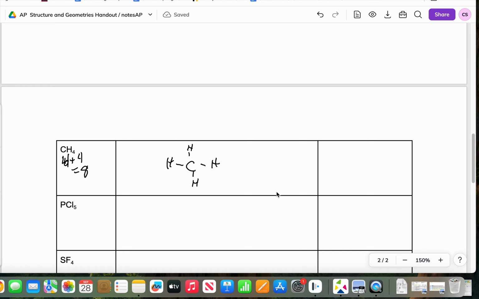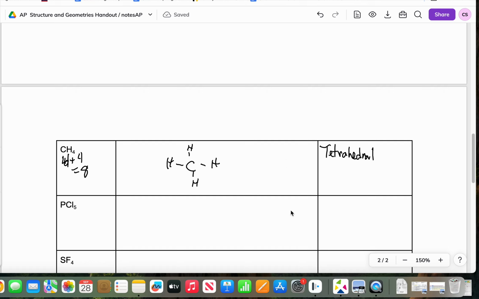So that's what we have here. Whenever you have a 5-atom molecule and it's a non-expanded octet, that means there's not more than 8 on the middle one. That shape, you have to memorize. It's called tetrahedral.